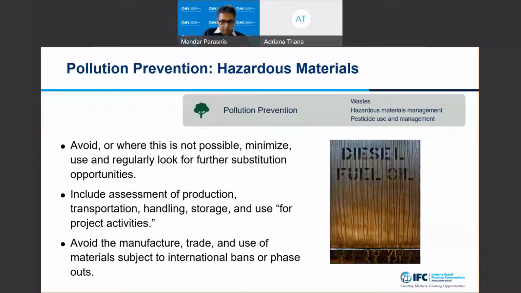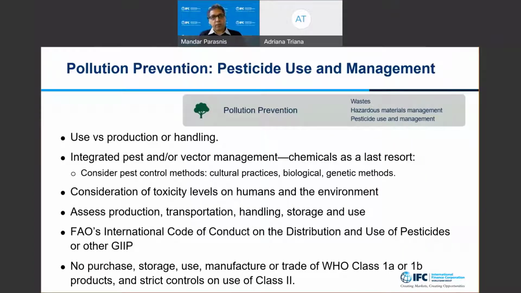And we'll talk again later about these WHO 1A, 1B banned pesticides in the next part. But also, this is a requirement. Sometimes you have to avoid the use of refrigerants that are being phased out or will be phased out. And that's another important consideration while managing these hazardous materials.